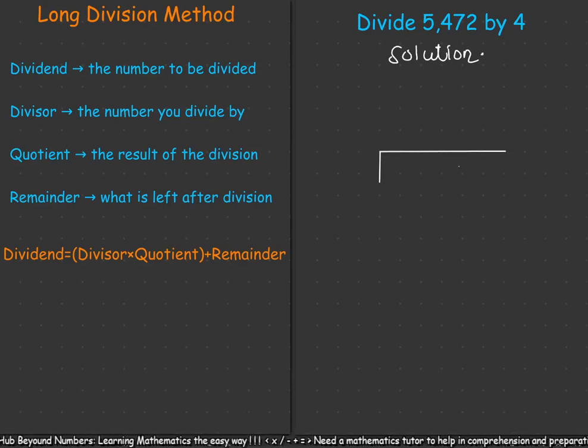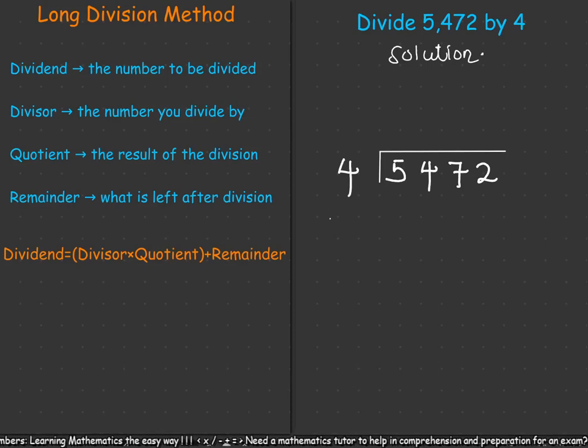With this symbol, we then put our dividend inside. In this case, our dividend is 5,472, so I'm going to put that here. And then my divisor stays outside. That is the 4 over here.